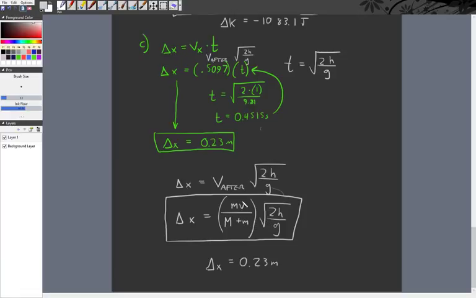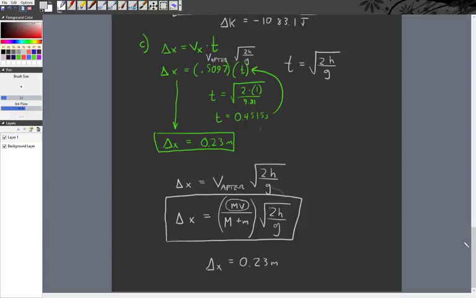Like, for example, mv is the momentum of the bullet. And we can see that delta x is proportional to mv, right? So if everything else is kept the same, if we tweak the momentum of the bullet, delta x is going to increase. If we double it, delta x will be twice as much. So we can see neat things like this.